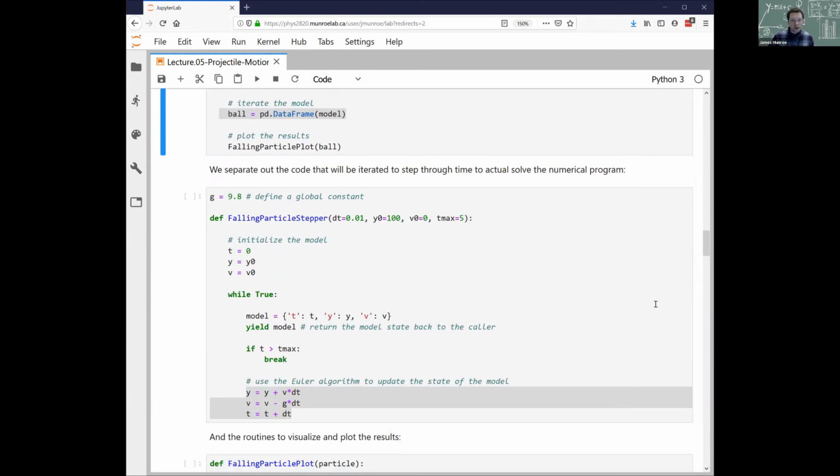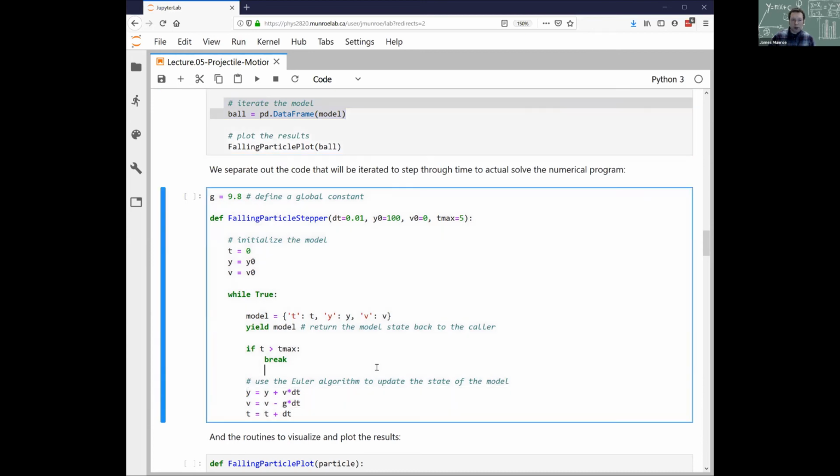Yes, there are other ways of doing it. You could, and I'm not recommending it, create a list for t and a list for y and a list for v, and every time through that, you append to the end of that list. That is exactly what this is doing. It is just doing that operation without us having to code that up.